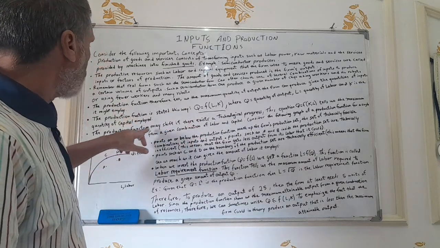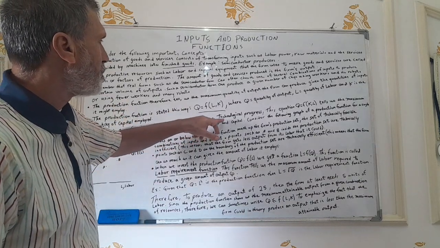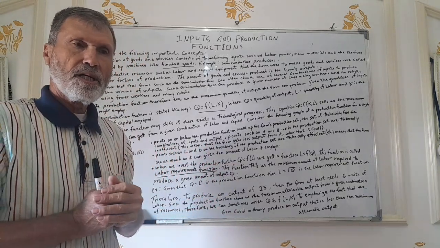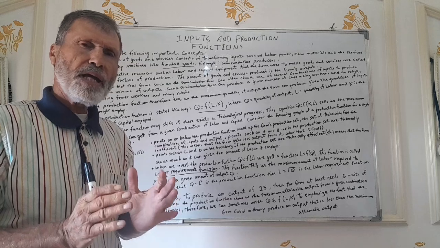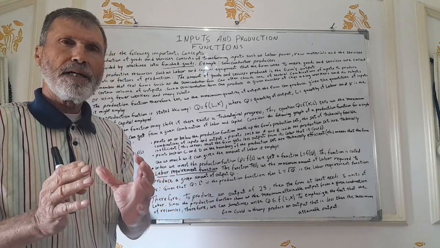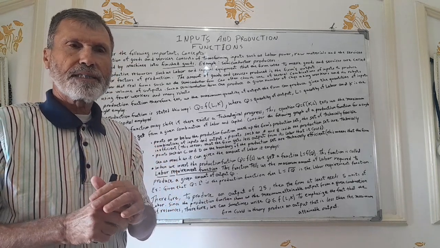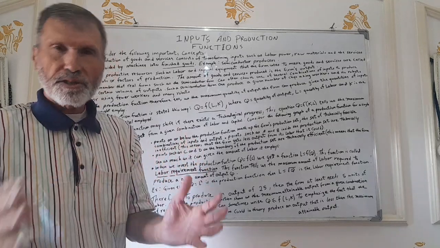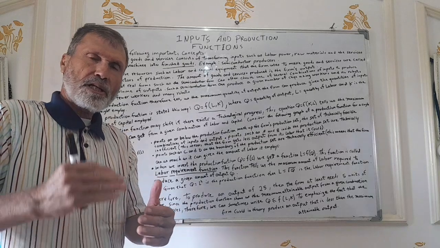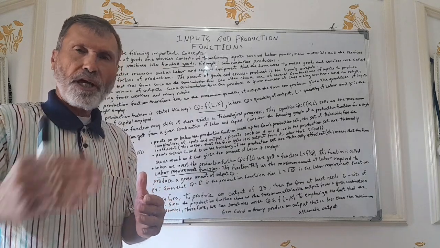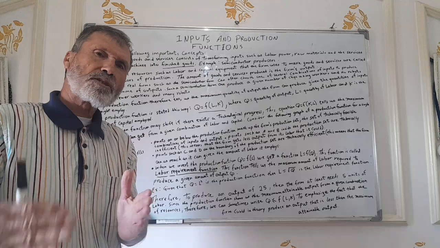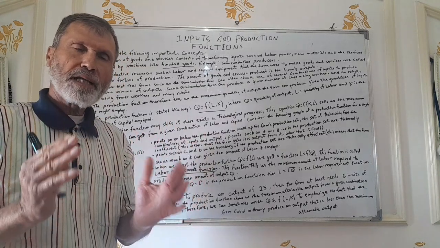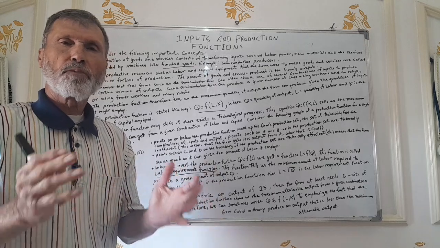Okay, the production function may shift if there exists a technological progress. Remember that the production function, of course, is based on certain exogenous technological conditions, and these technological conditions over time may change, and the change of these technological conditions will give us a phenomenon, and that phenomenon is called technological progress.